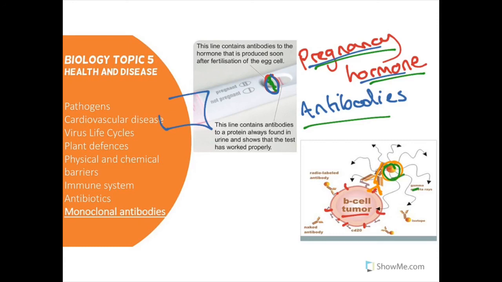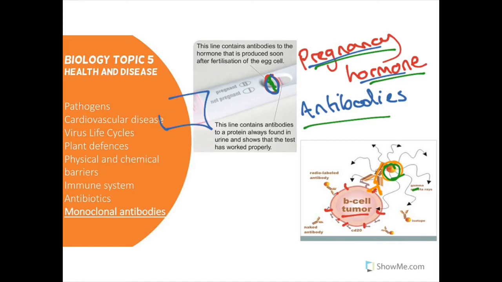We could attach toxins to it, so chemotherapy, to these antibodies, and that would increase the amount of toxins that the tumour cells are getting, and it would minimise the amount of toxins that the rest of the body would have. Side effects of chemotherapy are usually hair loss, because it's attacking your hair cells. So this would get over those drawbacks of chemotherapy and radiotherapy, and it would hopefully revolutionise cancer treatments.